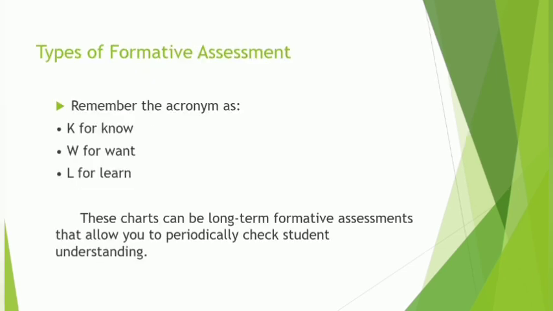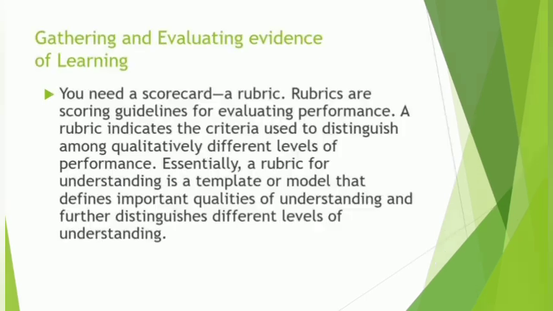So next is gathering and evaluating evidence of learning in formative assessment. In gathering and evaluating evidence of learning, you need a scorecard or a rubric. A rubric is the scoring guidelines for evaluating performance.